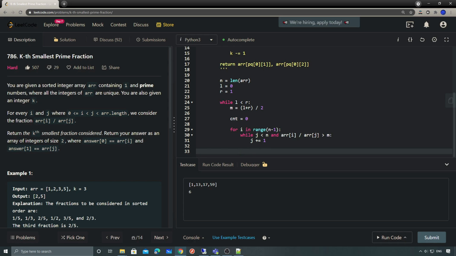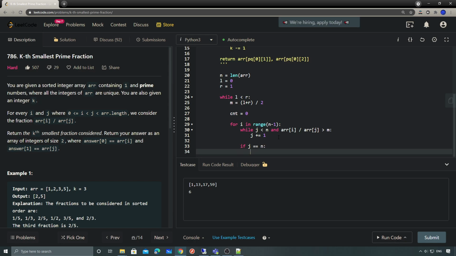And what else? If J is greater than or equal to n, we simply break. Because if, after moving J to the end of the array, we still cannot find a valid one, which means J is now pointing outside of the array, then we cannot find valid pairs.